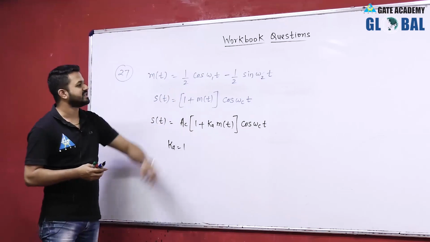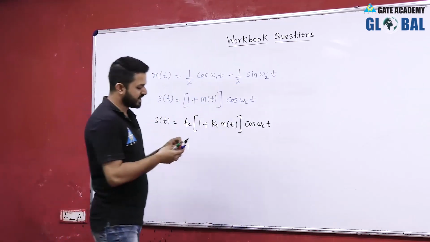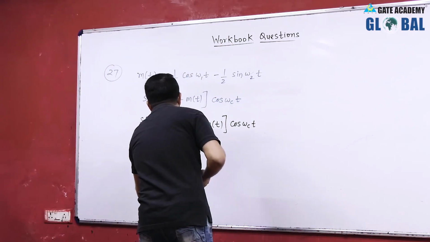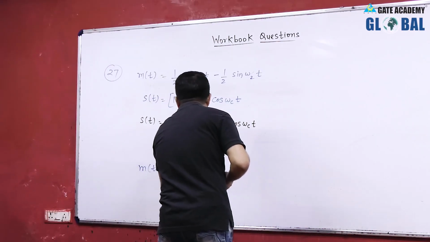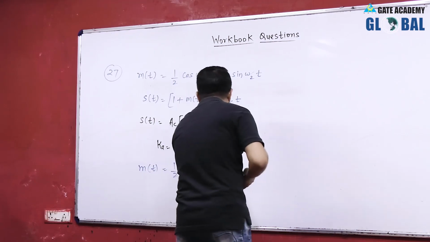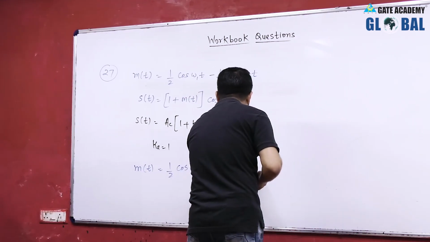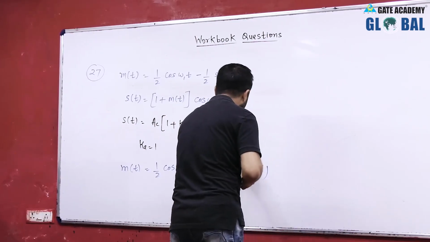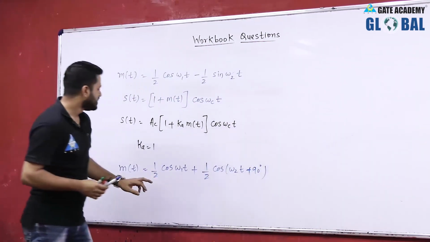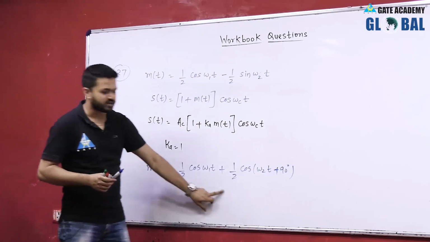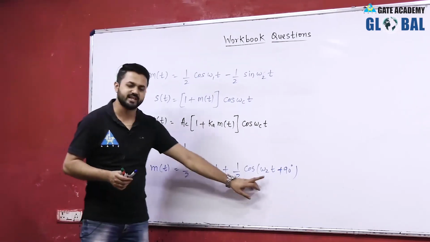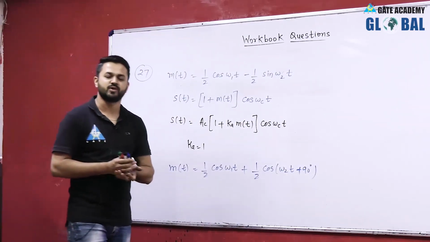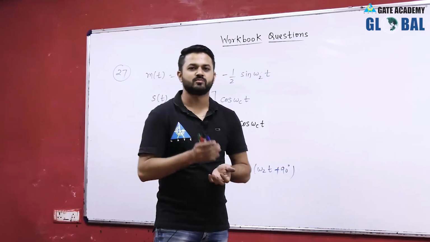And because the message signal is a multi-tone signal, we can write this message signal m(t) as 1/2 cos ω1t + 1/2 cos(ω2t + 90°). So there are two frequency components, ω1 and ω2, and when the message signal has more than one frequency component, we call it a multi-tone modulating signal.